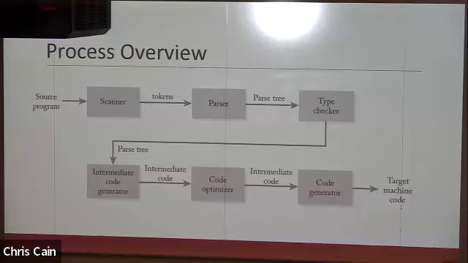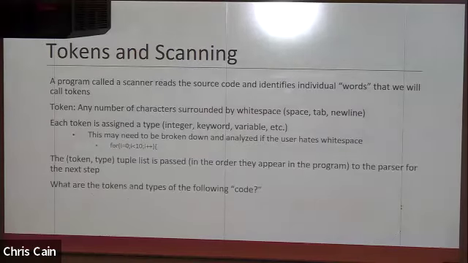We're back at the parsing step now, where we have scanned for tokens. We know what those tokens are. We're passing a stream of tokens into the parser, and the goal of the parser is to construct that parse tree. So that's where we are in this process.